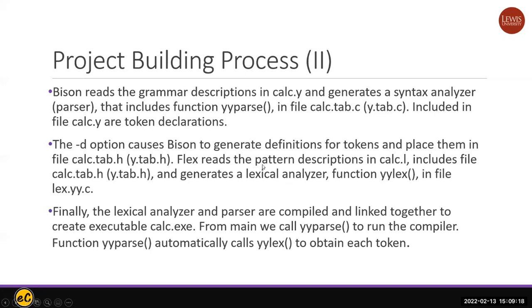This type of lexical analyzer takes into account the program structure and the pushdown automata feature to create a more decent lexical analyzer. Finally, the lexical analyzer and parser are compiled and linked together to create an executable file. That is a compiler. From main, we call yyparse to run the compiler. Function yyparse automatically calls yylex to obtain the tokens.